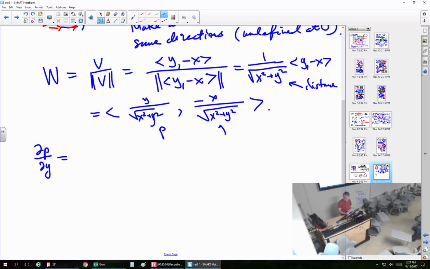So it will be 1 times the derivative of y times x squared plus y squared, the denominator, minus y times the derivative of the denominator with respect to y, which gives me y over the square root of x squared plus y squared, over x squared plus y squared.